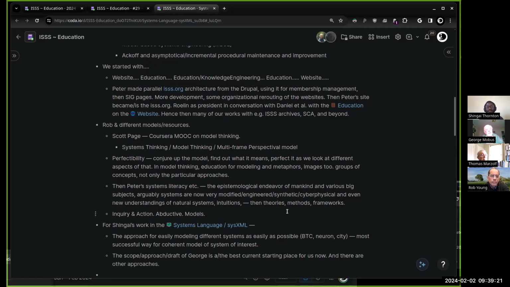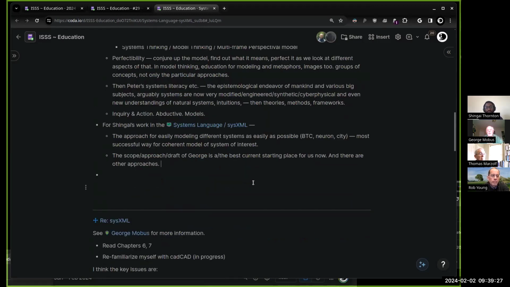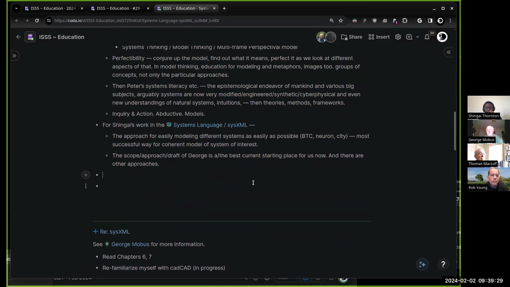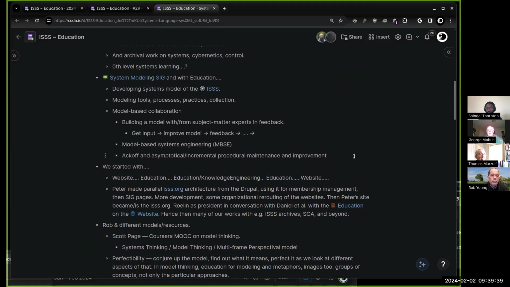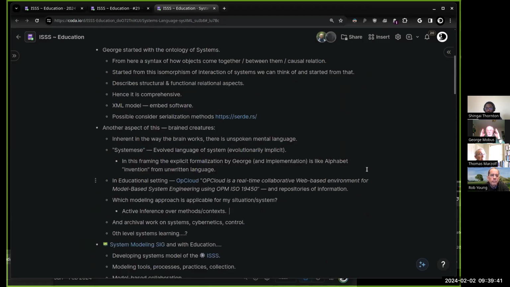To tie this all together, I'd point out that evolution produced one of the most magnificent modeling machines that we could know about, and that's our brain. What children do as they develop and learn about the world is build models in neural networks. That's basically what the brain does.